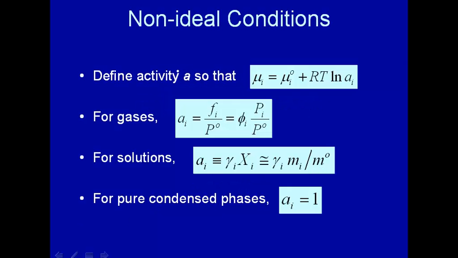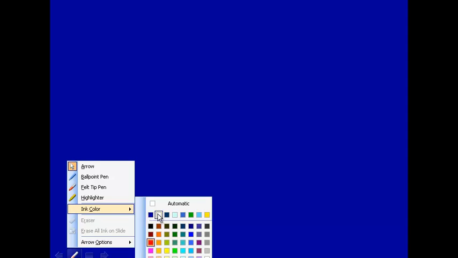Let's define a quantity called activity, and we'll give it the symbol A. The activity will be, for gases, exactly what we said before. We're just reviewing what we said in the last lecture.